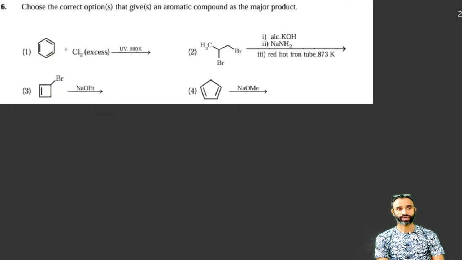Next, choose the correct options that give an aromatic compound as the major product. Okay, so first is Cl2 in excess in the presence of UV light. So what will we get?